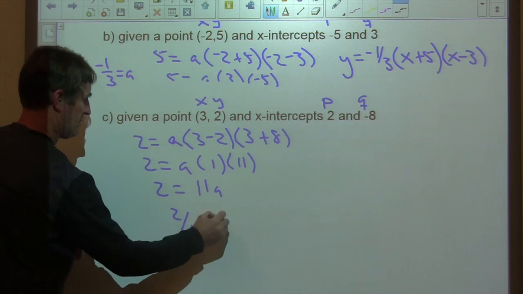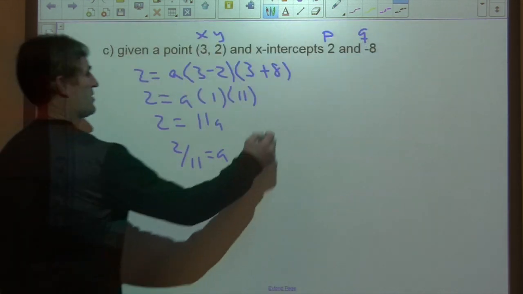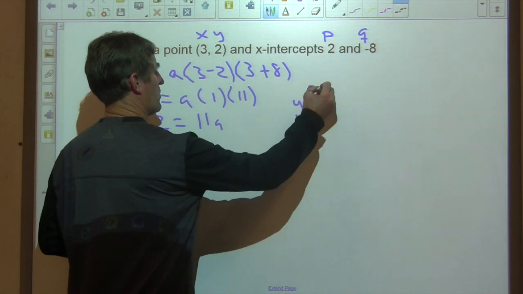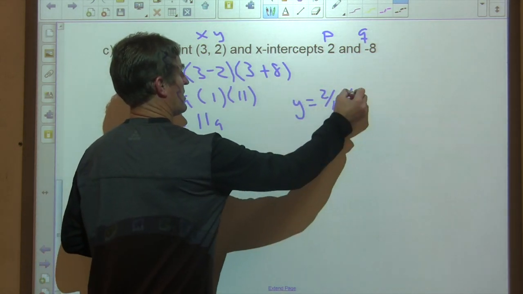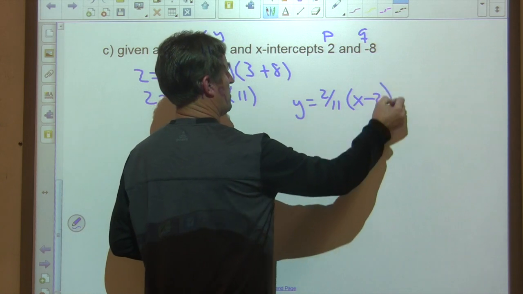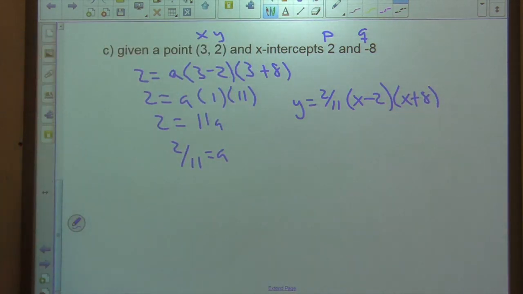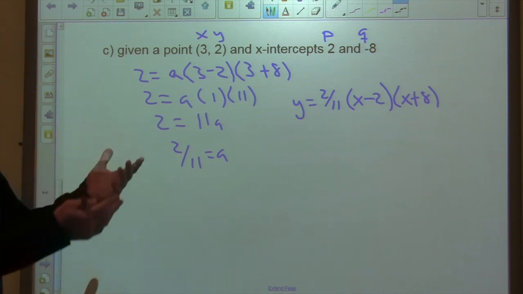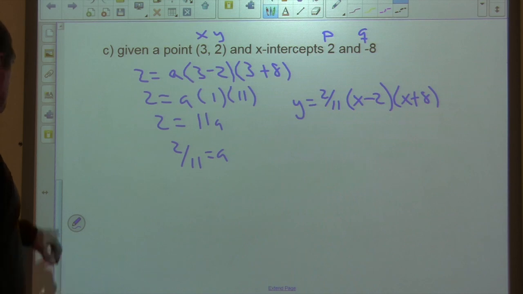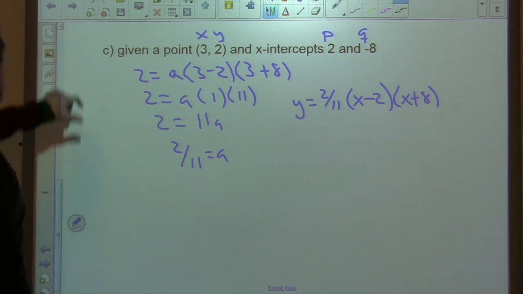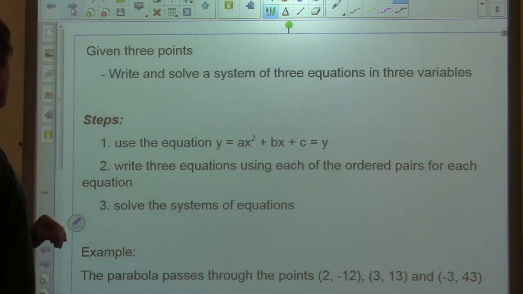Divide by 11. So a equals 2/11. So we can now write our equation. y equals 2/11 times x minus 2 times x plus 8. So again, both methods, you're simply plugging in the values into the equations to solve for a and get your equations. The last one, a little bit more difficult.